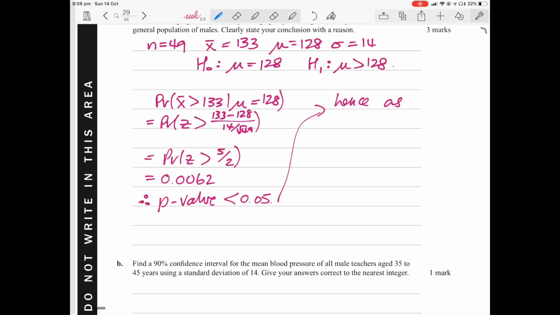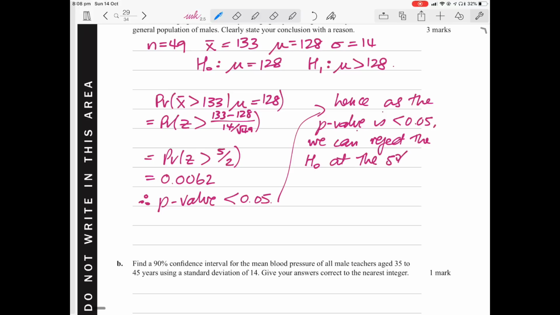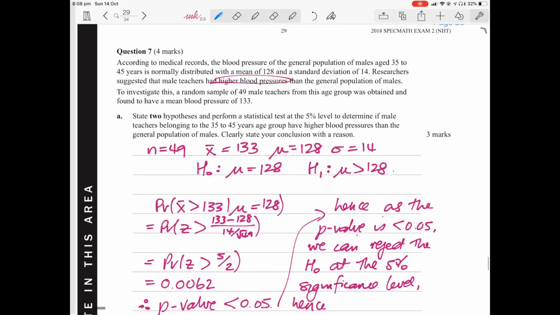Hence, as the p value is less than 0.05, we can reject the null, we can reject H0 at the 5% significance level, hence, is it male teachers?